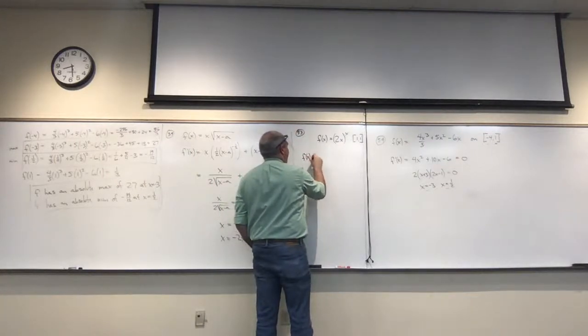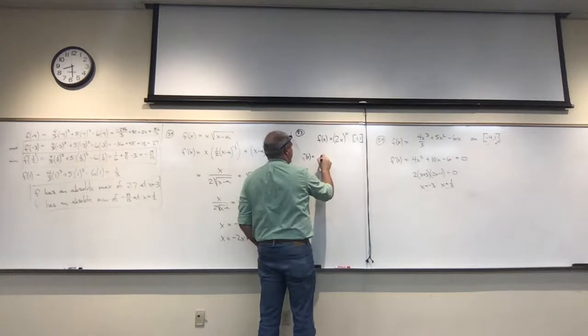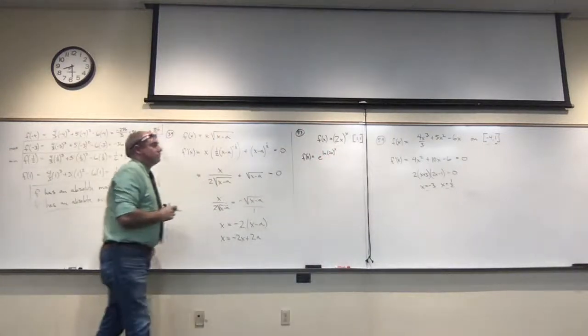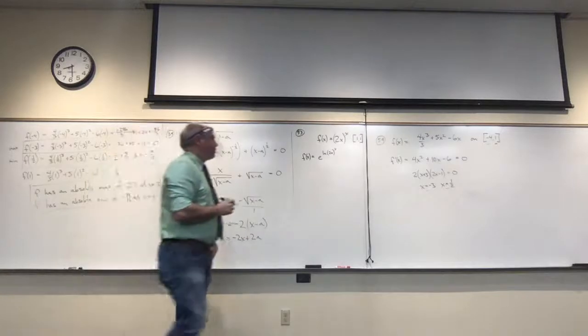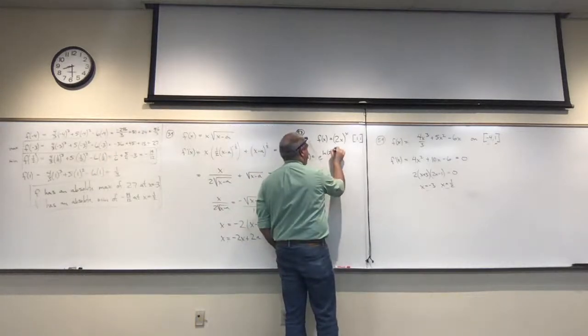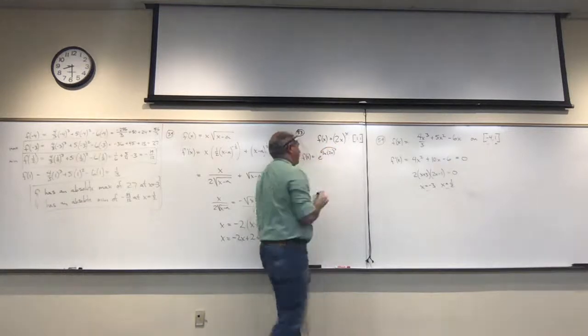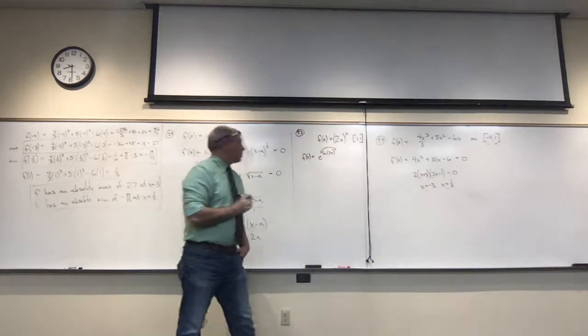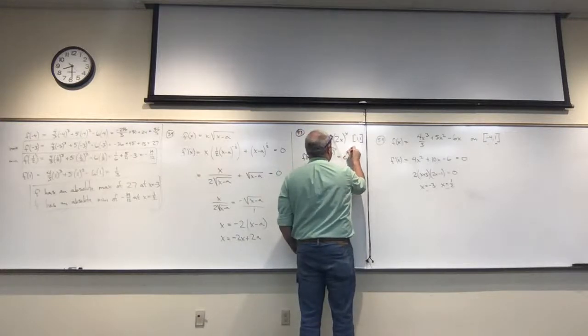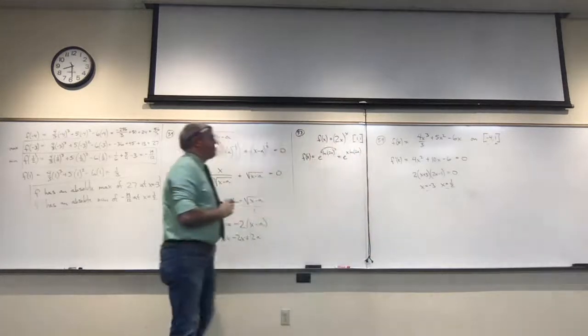Okay, so I'll write f of x is equal to e to the natural log of 2x to the x, which is certainly true. But here, now by the power rule for natural log, I can take that x out in front of the ln. So I could write this as e to the x ln of 2x.